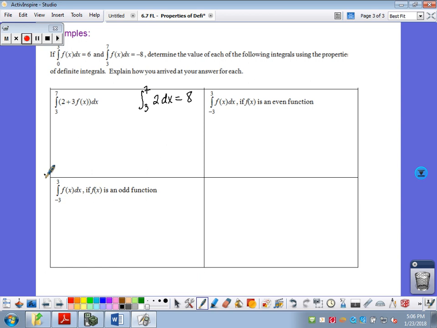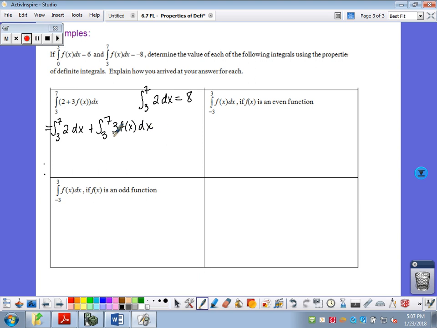And so we have two things that are being added together as well as a constant being multiplied by our function. So we can just break these apart using our different rules. So we have the integral from 3 to 7 of 2 with respect to x plus our integral from 3 to 7 of 3 f of x dx.